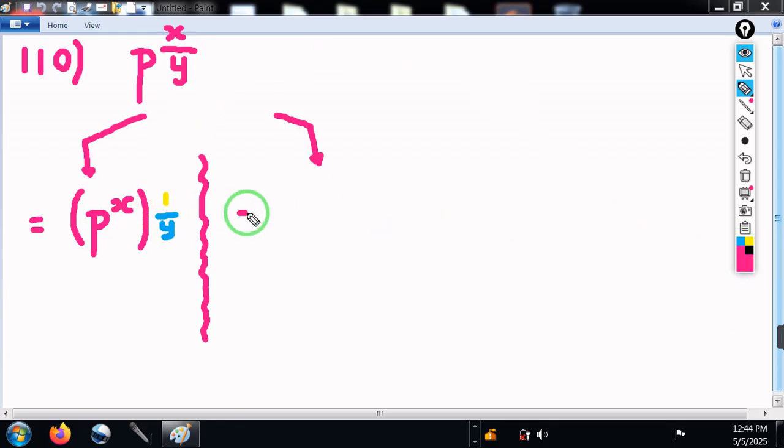Another way is the same thing. mn is the same as nm. AB is the same as BA. So we use that concept right now. P, we only focus on the 1. And then we only focus on the y. That means the numerator now we are focusing.